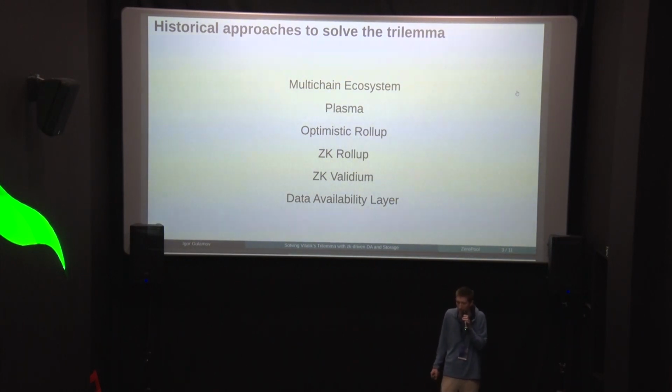Rollups just scale the execution, and the last solution to solve this issue is the data availability layer, like Ethereum Danksharding, Celestia, and Avail. But all current data availability solutions provide only short-term data availability, during 2 weeks or months.